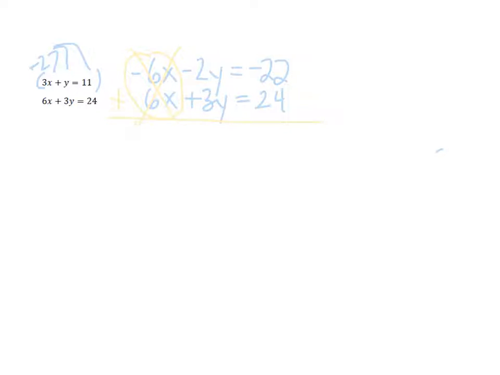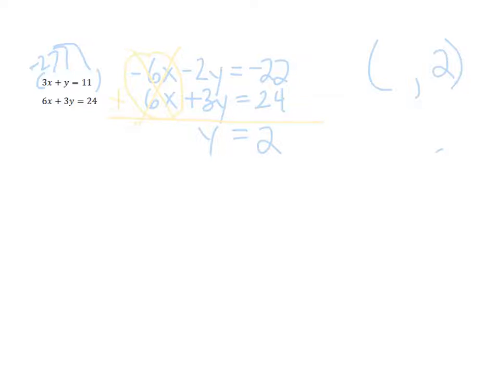So I can finish solving this. Negative 2y plus 3y gives me y. Negative 22 plus 24 equals 2. That worked out nicely. There's not a lot of work to finish just solving for my first variable. I'm solving for the intersection point, so I need to find the x value.